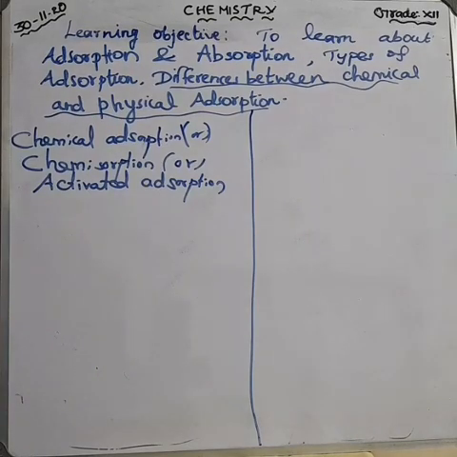Sometimes the 5-mark question asks, write the differences between chemisorption and physisorption. Sometimes they will ask, write the differences between activated adsorption and van der Waals adsorption. So you should learn all the names.